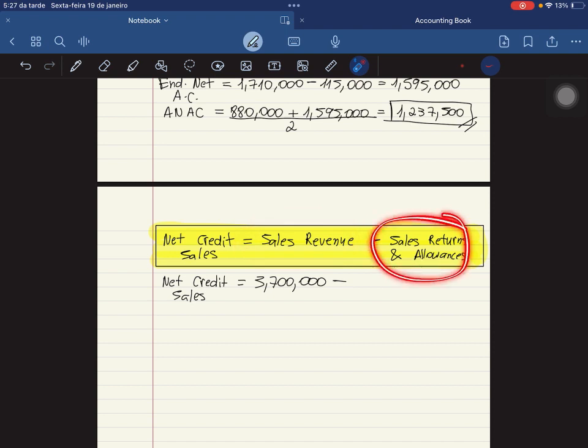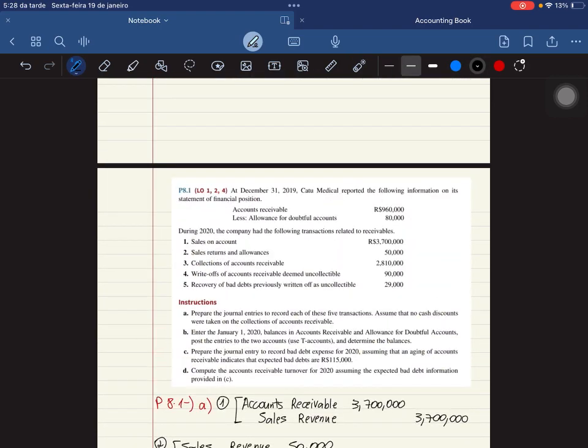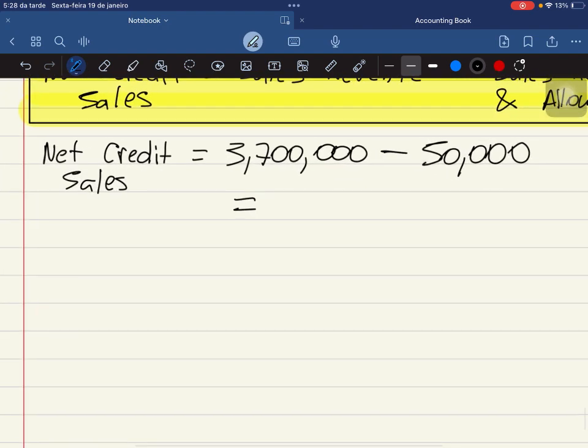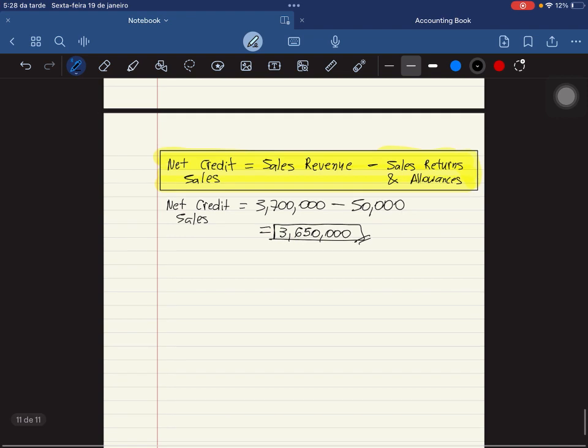And this is why we're deducting this part over here. So what is that? That is 50,000. And that is going to be 3,650,000. Okay. All right.